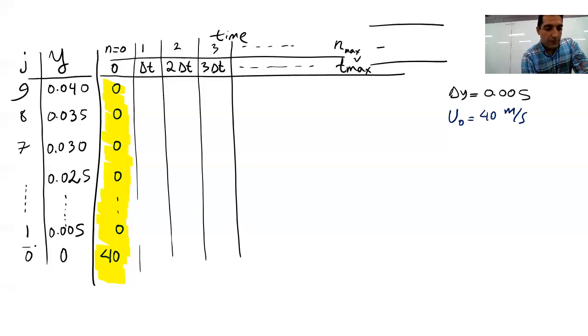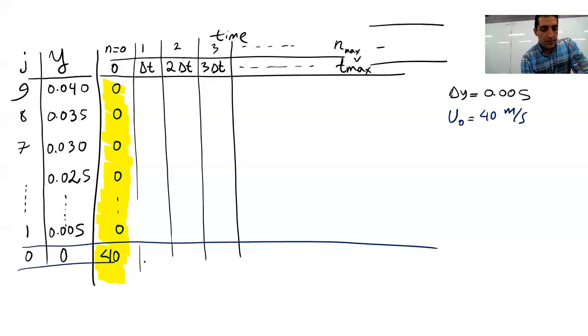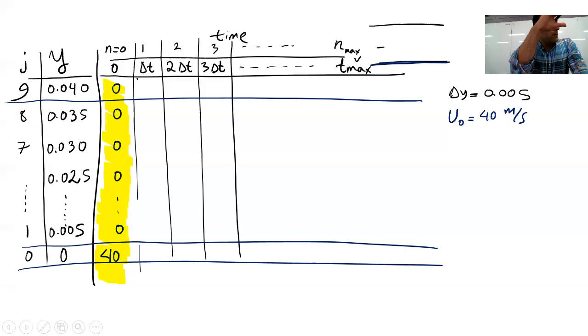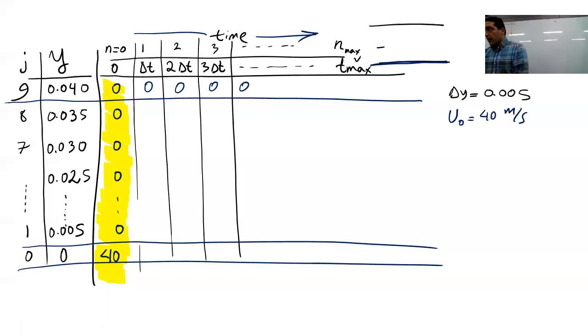We also have information on the bottom plate, which is my j equals 0, and the top plate. What is the value of velocity on the top plate? 0 all the time, so I can put 0 as I'm marching in time. And for the bottom plate, we are pulling it at 40 meters per second constantly, so that's 40, 40, 40 all the time as well.